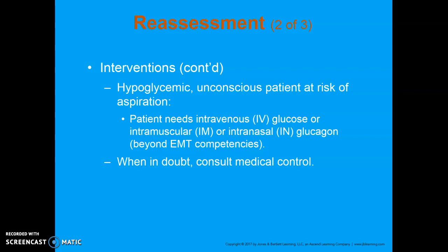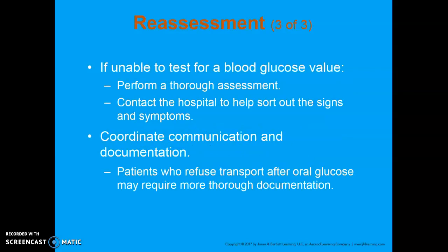So you need to go ahead and call ALS, and you can do a rendezvous on scene, because once you get that blood sugar up, you may not have to worry about that patient, and they may decide to refuse transport. When in doubt, always consult medical control.